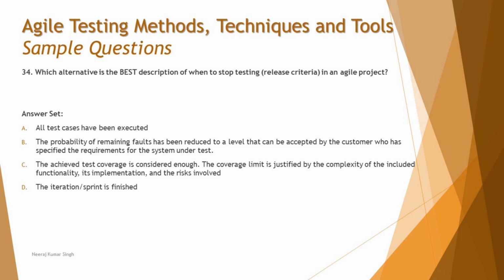Well, the four options we have are: A, all test cases have been executed. That's one of the interesting things we can always talk about in release criteria, because test cases are very important, but they tell us what exactly to test, what exactly your plan was, and how exactly you can go ahead with the required set of executions.